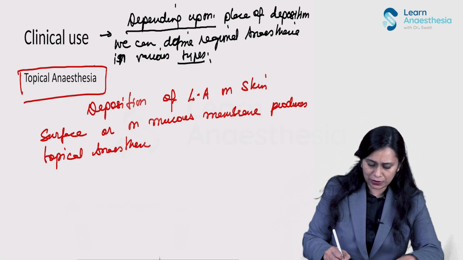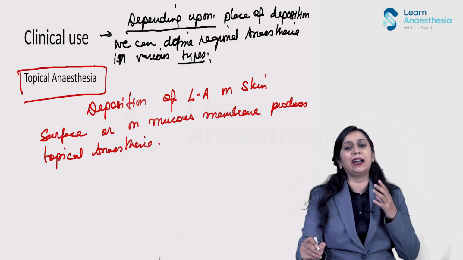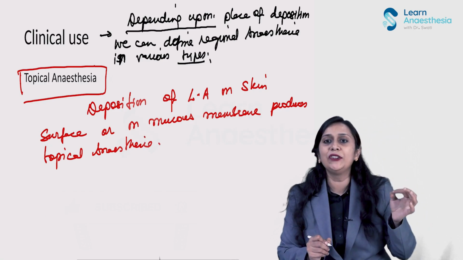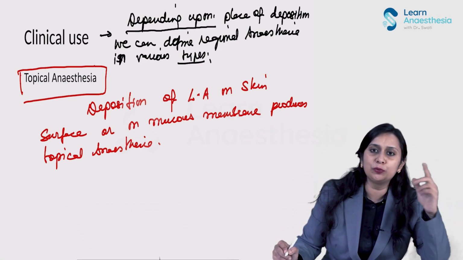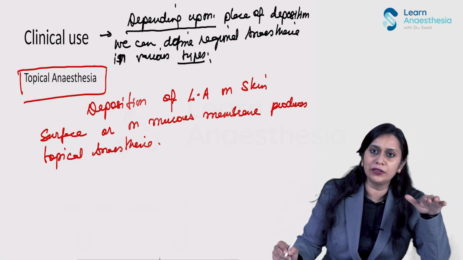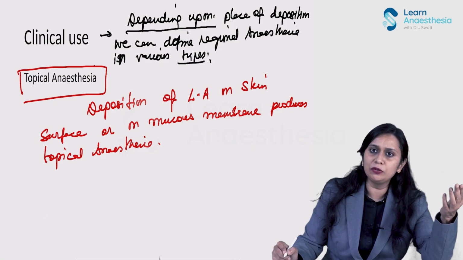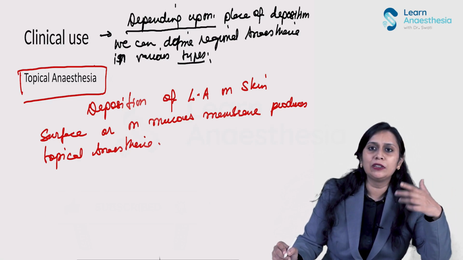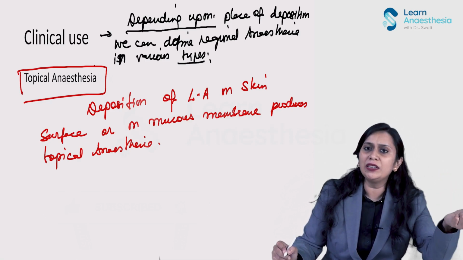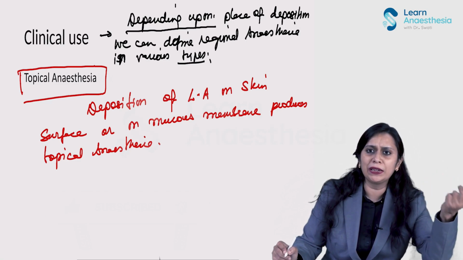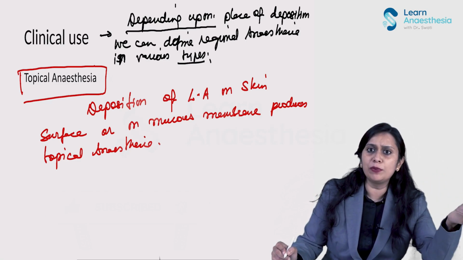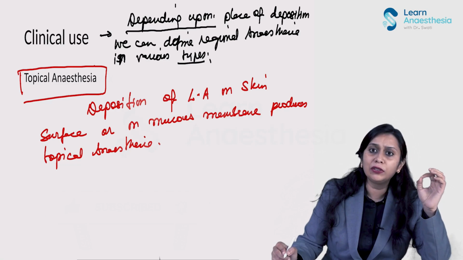So topical anesthesia is very commonly used for cataract surgery, where eye drops are used topically to produce anesthesia of the cornea. It is very commonly used in endoscopy and all. Spray or a gel is used to produce topical anesthesia, and a very popular preparation comes for the skin.